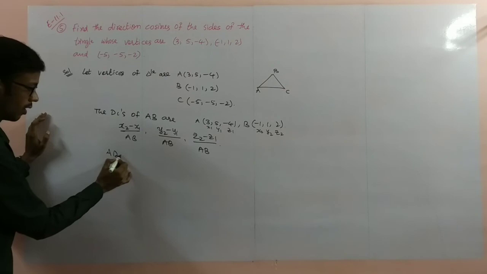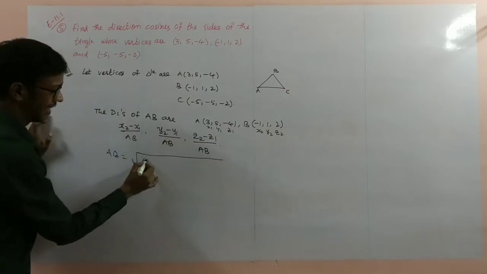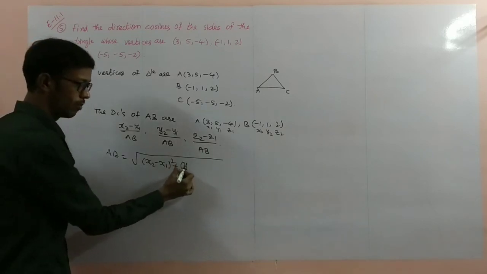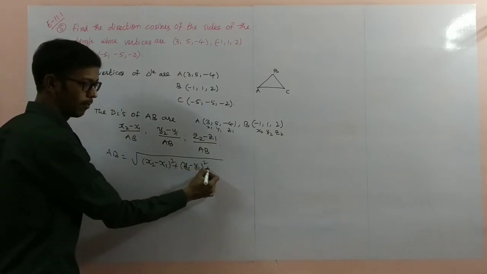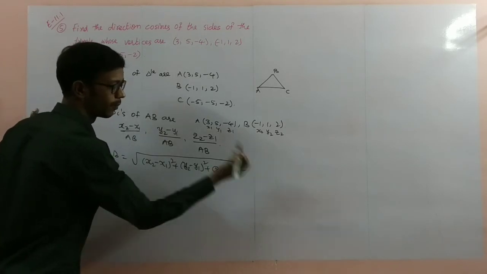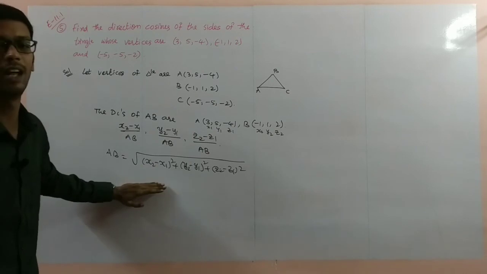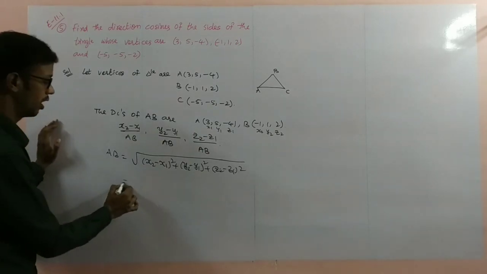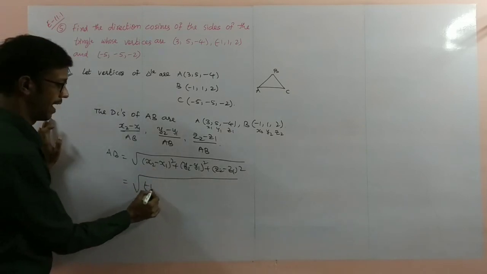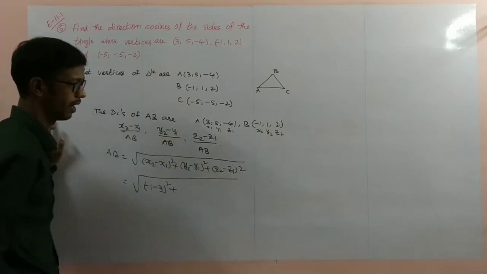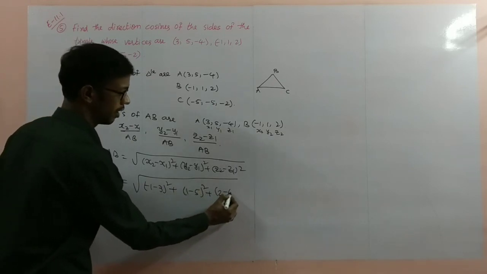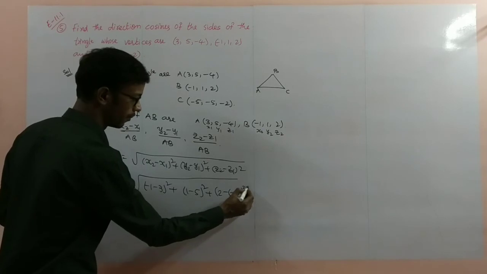AB equals the square root of x2 minus x1 whole square plus y2 minus y1 whole square plus z2 minus z1 whole square. So this is the distance formula for AB. Substitute here: square root of minus 1 minus 3 whole square plus 1 minus 5 whole square plus 2 minus of minus 4 whole square.